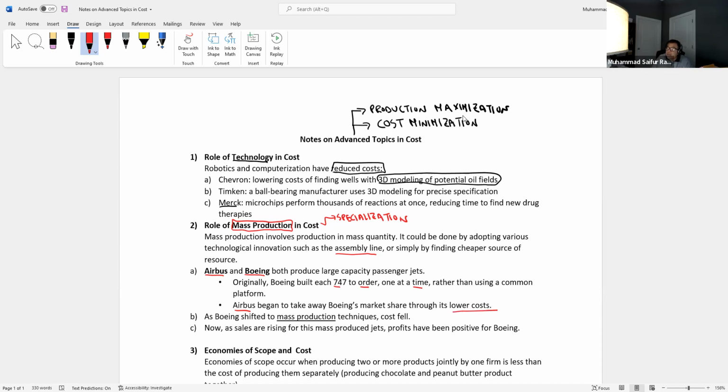Airbus's planes are much lower priced than Boeing's planes, and Boeing lost significant market share in the 2000s. A couple of years ago, Boeing realized their mistake in their managerial strategy, and they have adopted mass production technology, and they are now slowly becoming a profitable company.